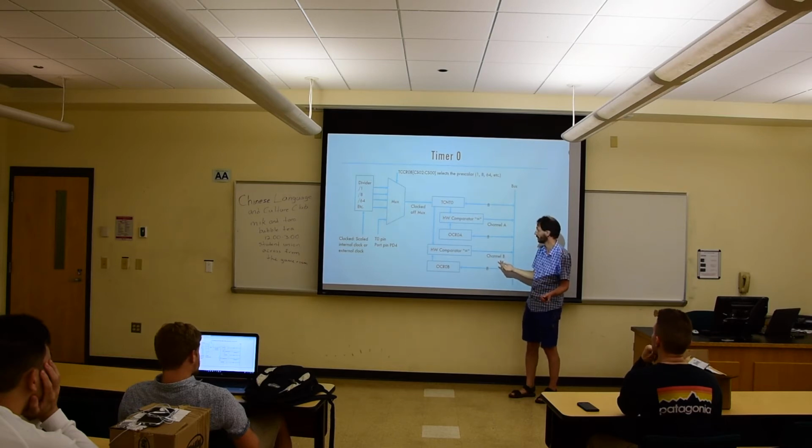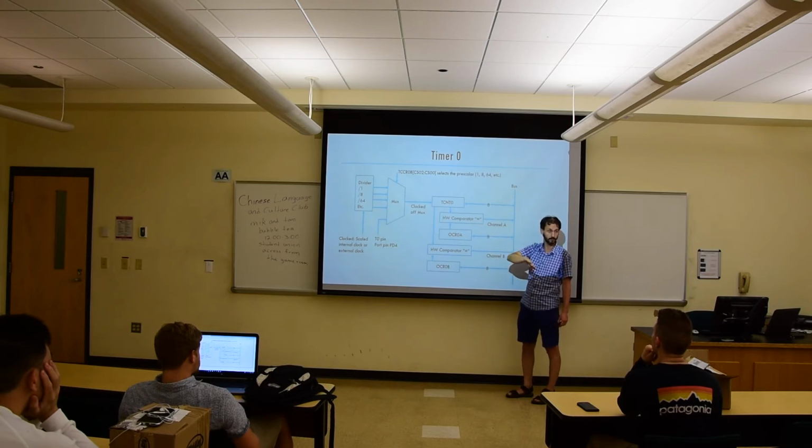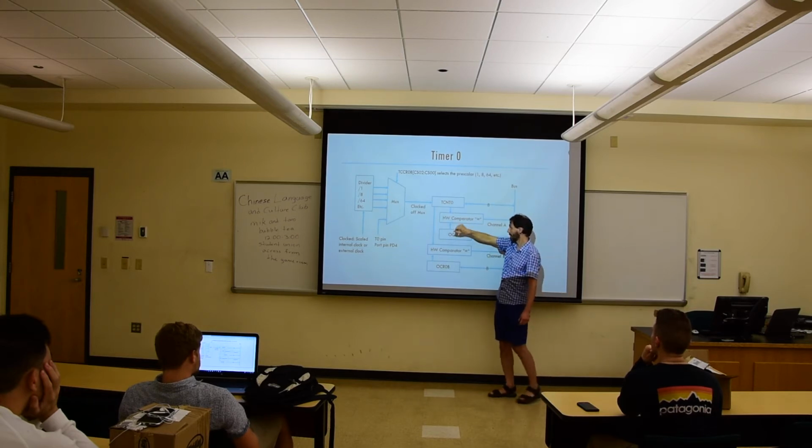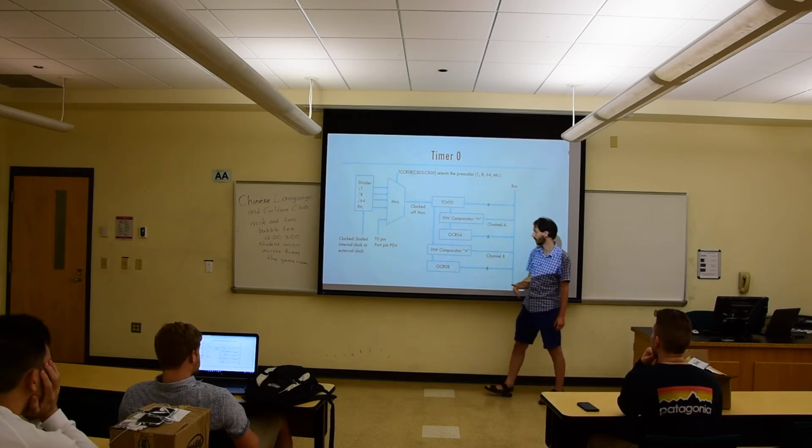So what would you like to happen? Well, for example, you may want to generate a PWM signal that we're just talking about, where upon comparison you swap from high to low. On comparison you can also say, I would like to clear this back to 0. On comparison I can also say, I would like an interrupt service routine to get triggered.